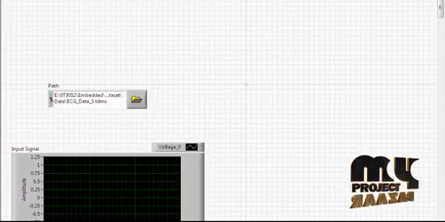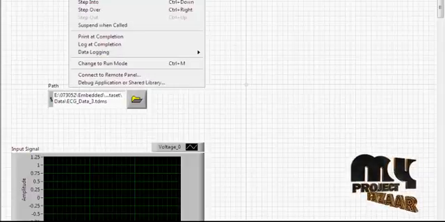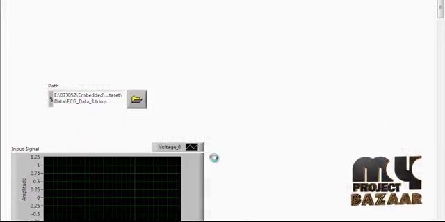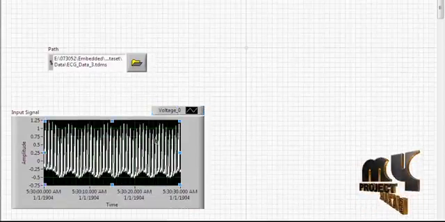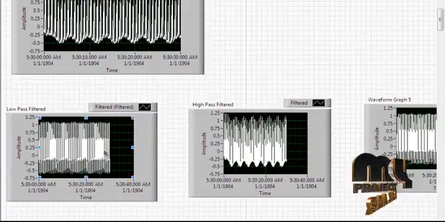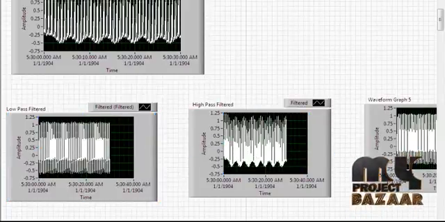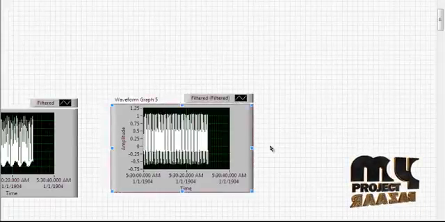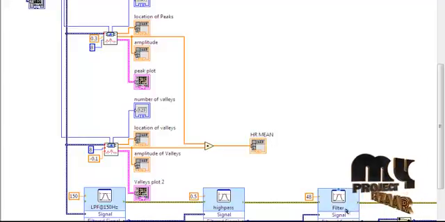Now we are going to run it. This is the input of signals, the input is ECG signals, and then the low pass filter and high pass filter, and then this is the waveform.